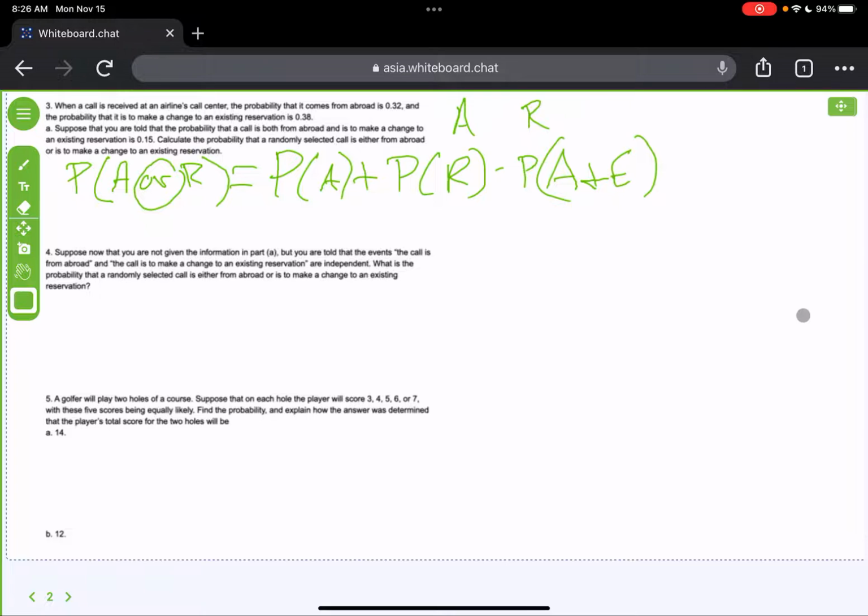Now, what does that look like as far as a Venn diagram goes? Well, we did our Venn diagram.